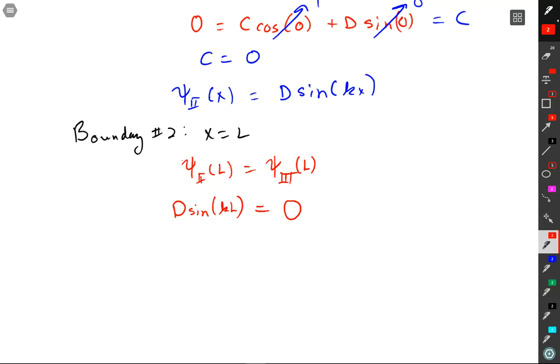How can this be true? So sine of KL would have to be 0.